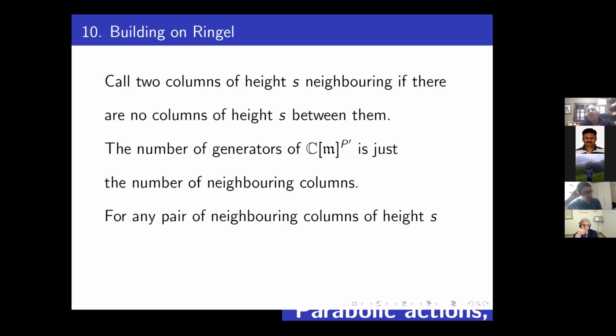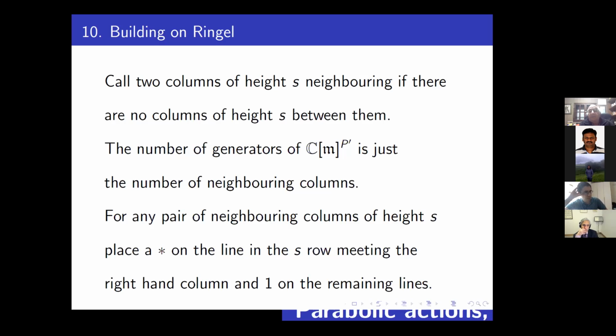For any pair of neighboring columns of height S, place a star on the line in the S row meeting the right-hand column, and a one on the remaining lines. Now, I didn't draw a picture because my colleague, Yasmin, will draw you plenty of pictures.